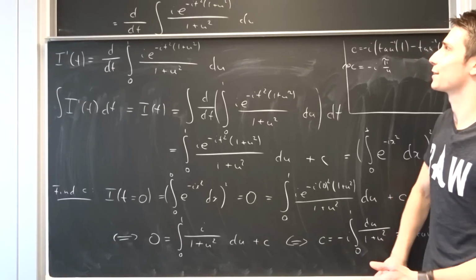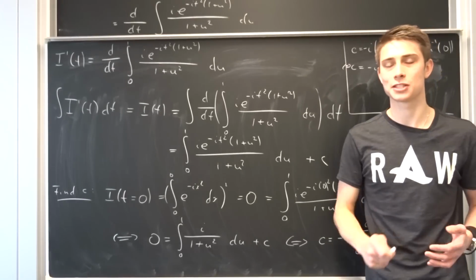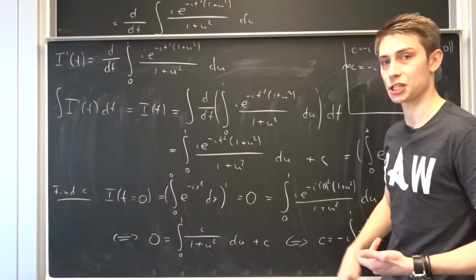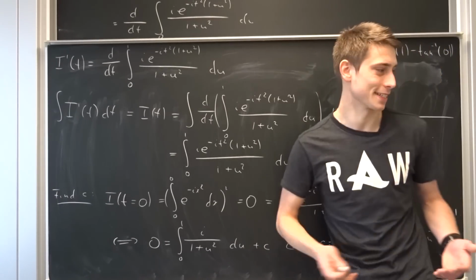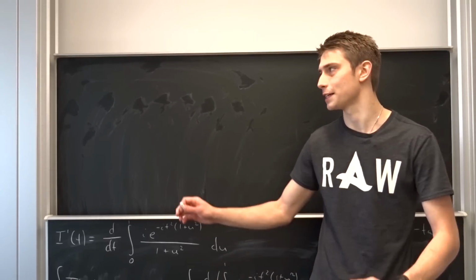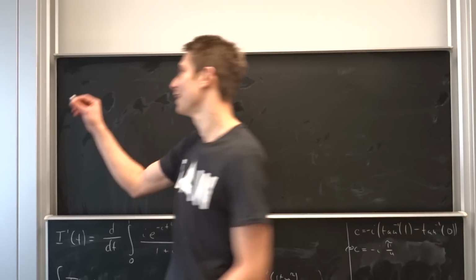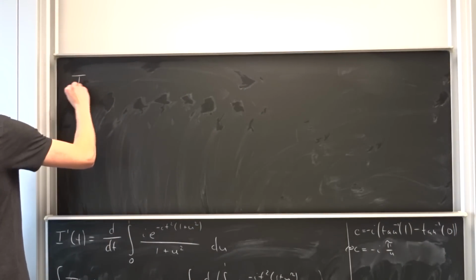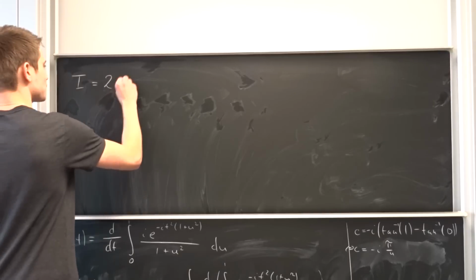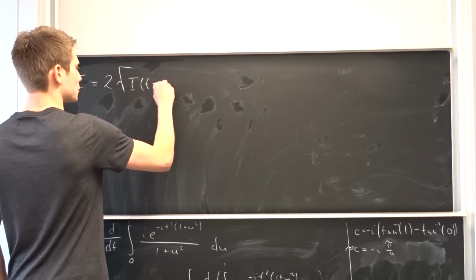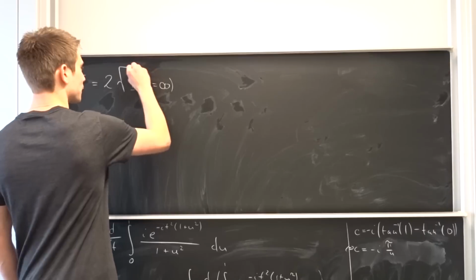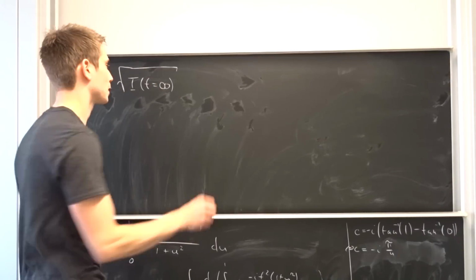And that's great that we find this out, because we can plug this into our first relationship that we found between I and I of t. So let's plug this in. Okay, nearly done, so let's bring this to an end. So we know that I equals 2 times the square root of I of t as t goes to infinity. Now we can plug all of this in.